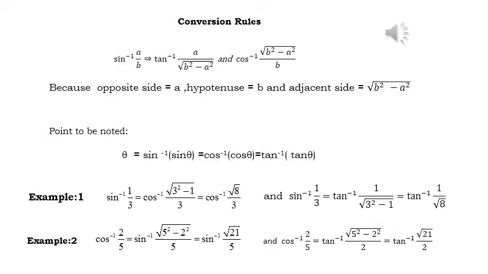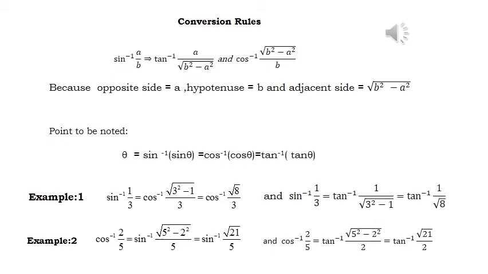See example 1, sin inverse of 1 by 3. Here 1 is proportional to the opposite side and 3 is proportional to the hypotenuse. Then cos inverse of the ratio adjacent side to the hypotenuse: adjacent side root of 3 square minus 1, and hypotenuse 3. So after simplification, cos inverse of root 8 by 3.